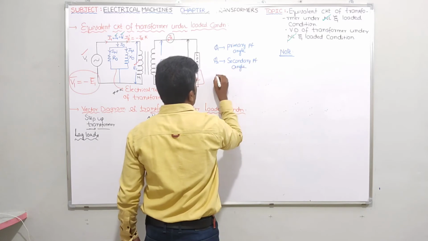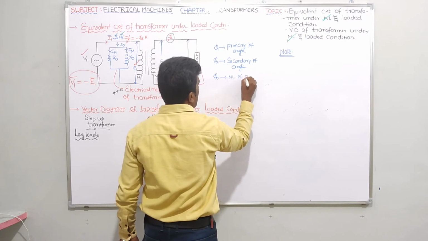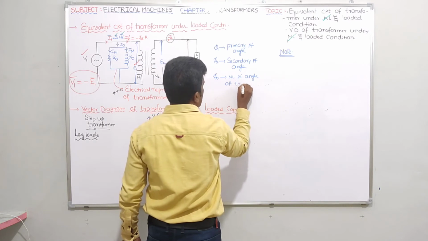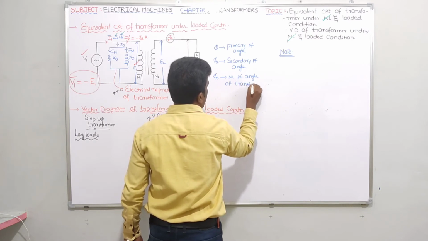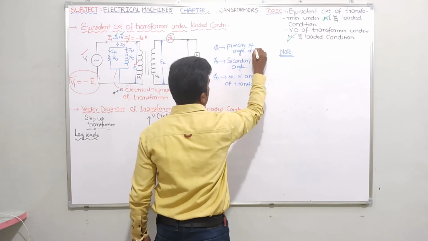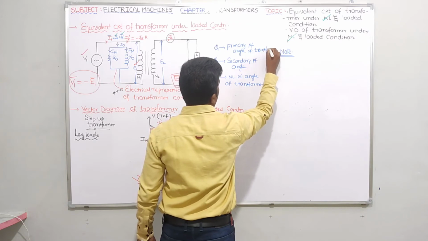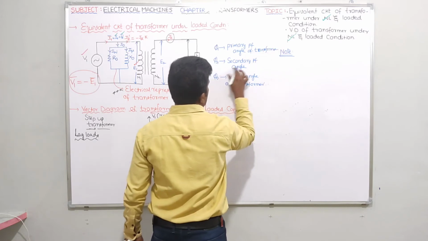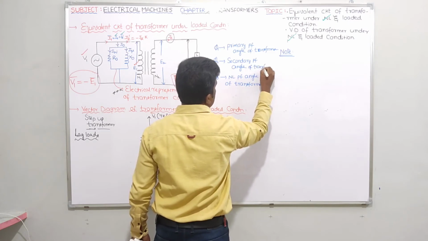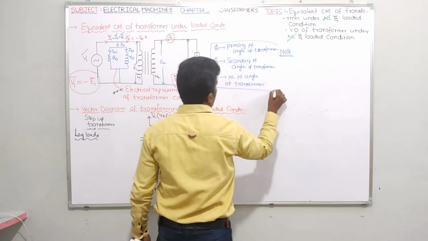And the name I can give for phi naught is the no load power factor angle of the transformer. Here also you can write primary power factor angle of the transformer, and here secondary power factor angle of the transformer. This is the nomenclature for phi 1, phi 2 and phi naught.